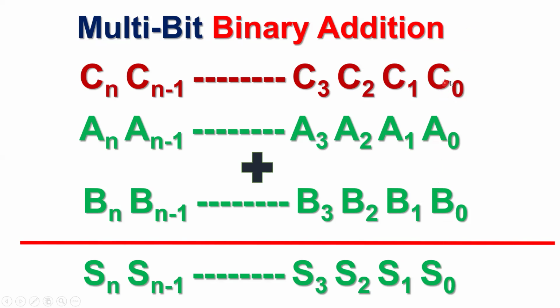So if the initial carry is present, the total sum will be A0, B0 and C0, finally giving you sum S0. If this addition right here of A0 and B0 generates a carry, that comes as a C1 right here, that gets added with the sum of A1 and B1, giving you again sum called S1.